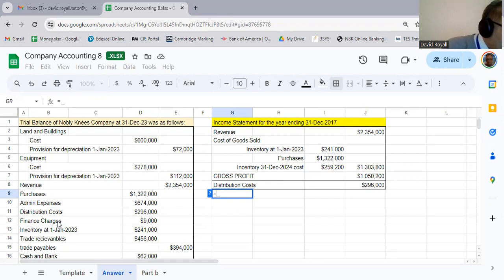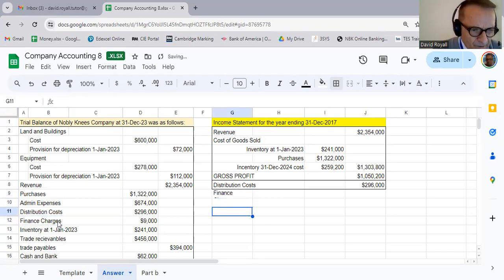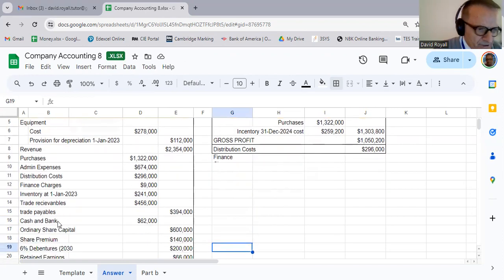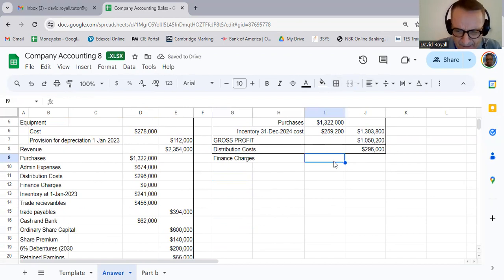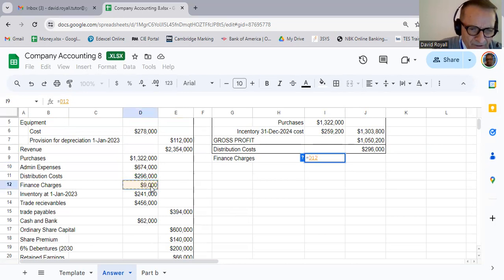Well, again, were there finance charges? Well, we've got to look around to see, is there any? There was. And this is where we've got to be a teeny bit more careful. There were financial charges here, 9,000.